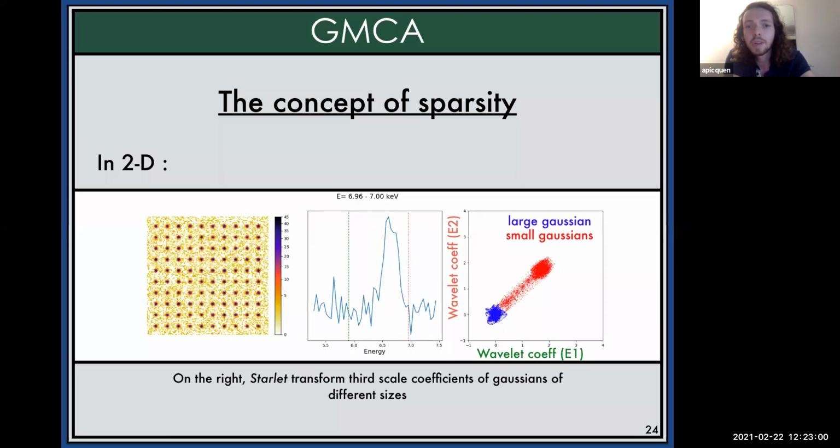If we look at the images on the left, it's completely impossible to disentangle the very faint big Gaussian in the middle from the grid. But if we look at the wavelet coefficients on the right, we can see a huge difference between the large Gaussian and the small Gaussian. So the idea for the algorithm is, instead of using the images that are really unclear, to look at the wavelet coefficients.